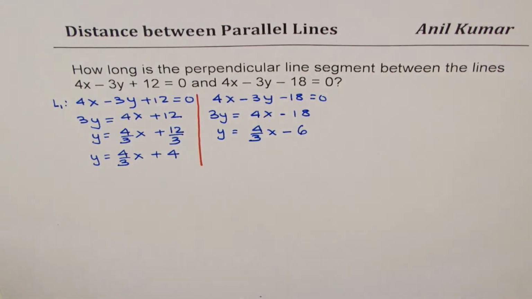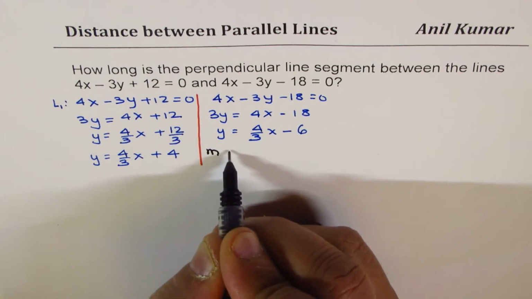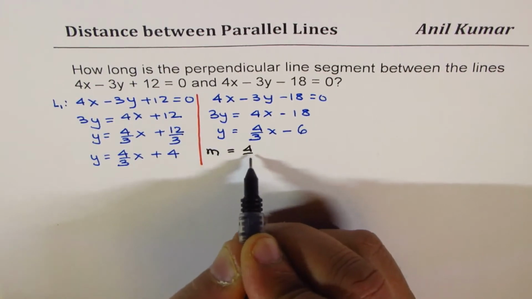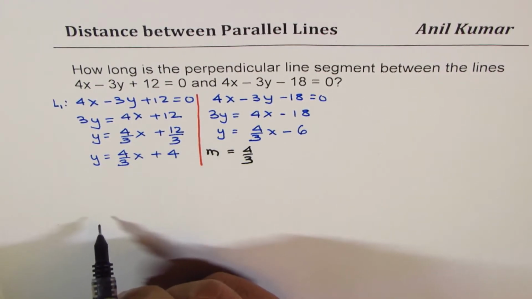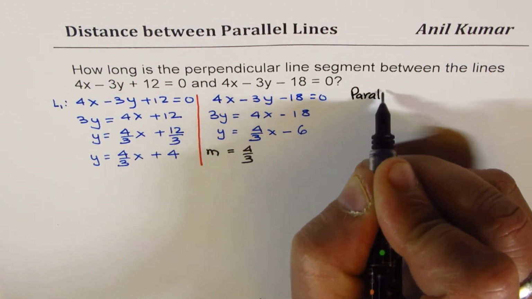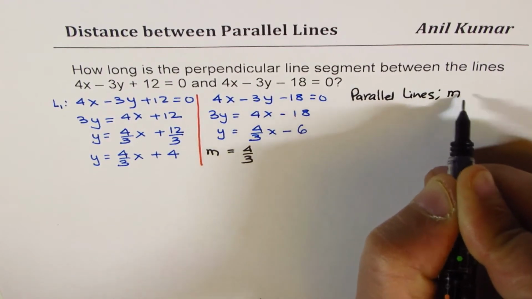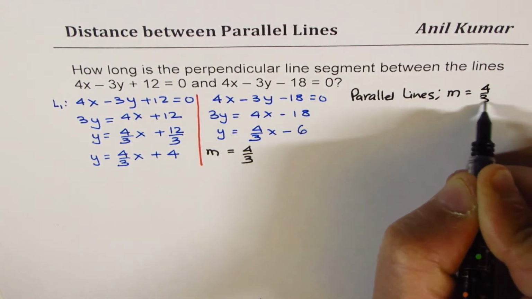So in both cases, what you notice is that the slope m is equal to 4 over 3. So they are parallel lines, correct? So these are parallel lines, where the slope m is 4 over 3.